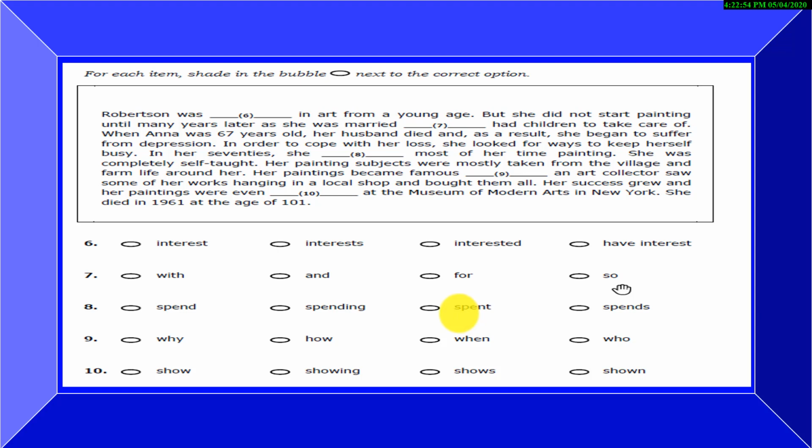First, I give you some time to read the whole paragraph about Robertson, up to 101. You read the words and then you shade in the bubble next to the appropriate word. Try to stop the video.